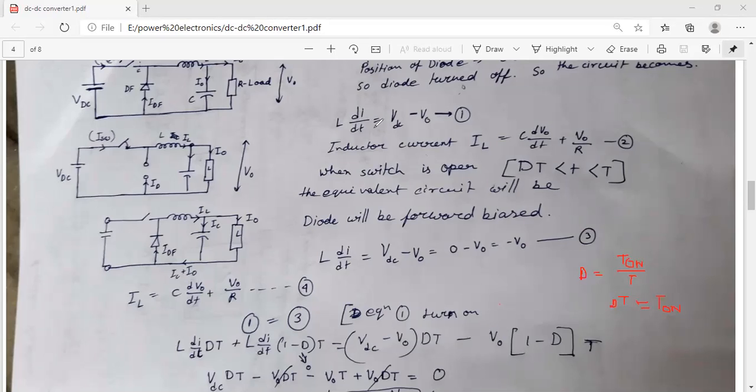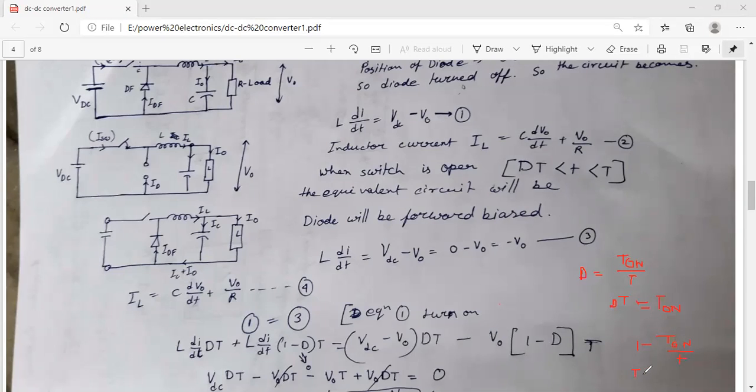So L di dt into t on plus L di dt into t off. So 1 minus d means 1 minus t on by t.